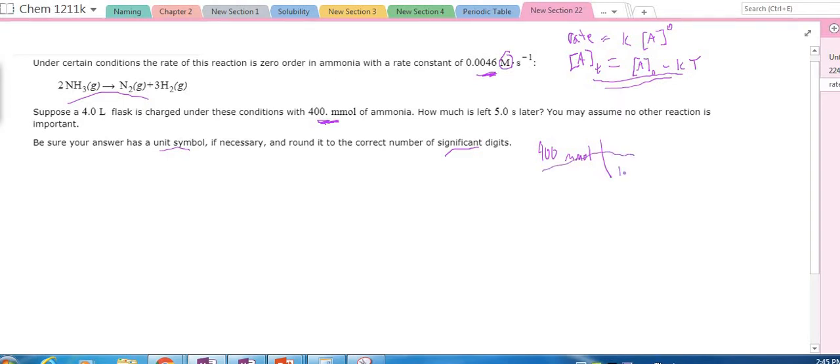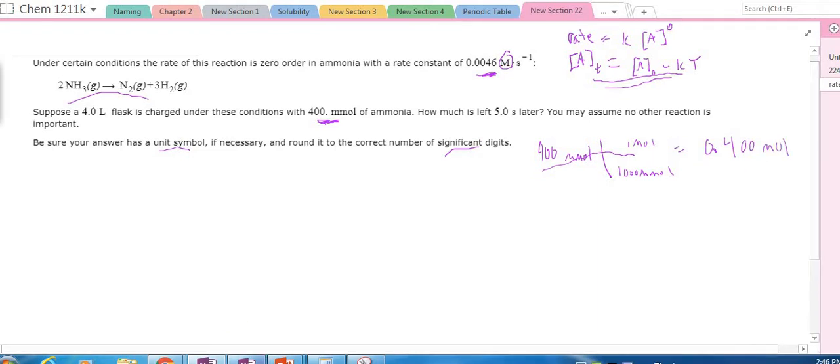I know that there are 1,000 millimoles in 1 mole, so 400 millimoles equals 0.400 moles.